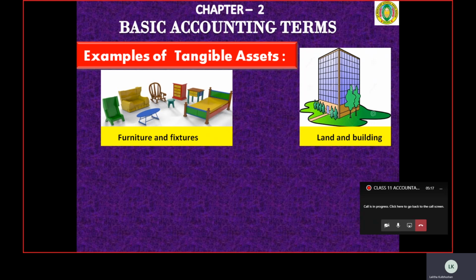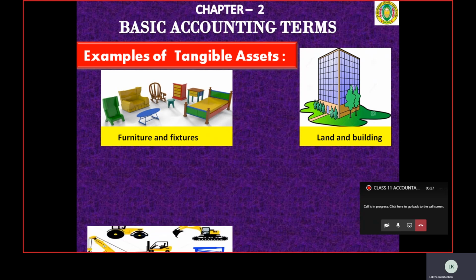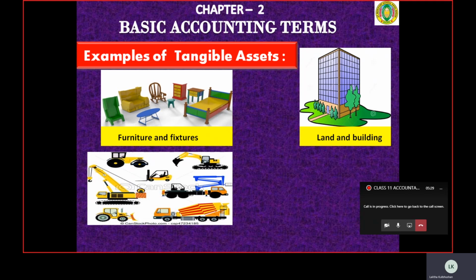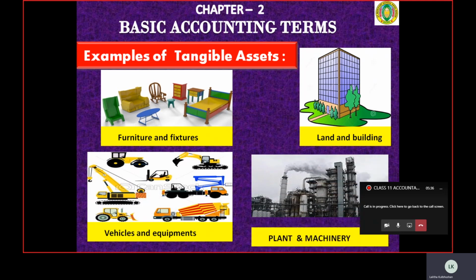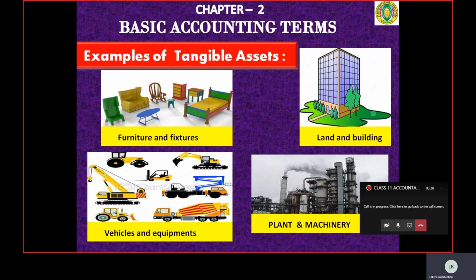Children, fixtures basically stands for the parts or attachments of the furniture, or its paraphernalia. Land and buildings are also fixed or tangible assets. Similarly, vehicles, equipments, plant and machinery can also be referred to as tangible or fixed assets.